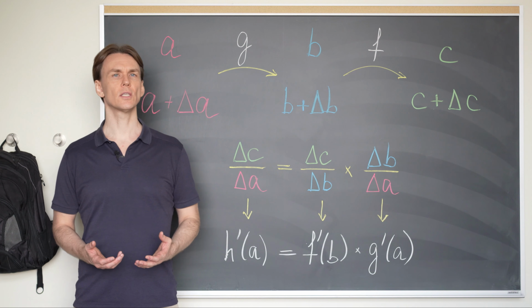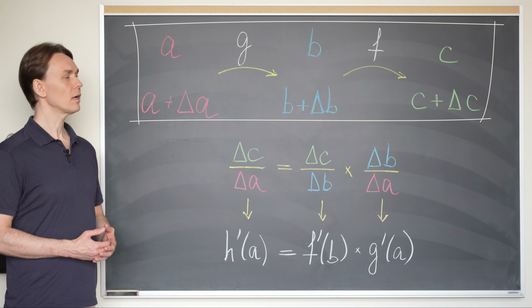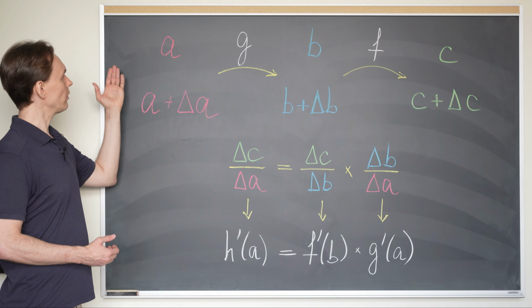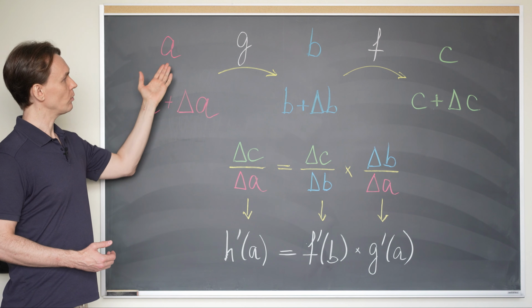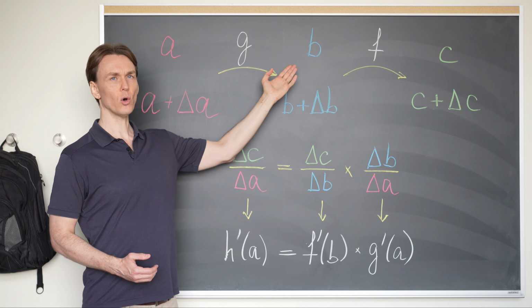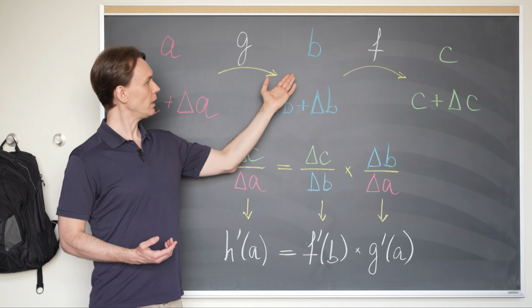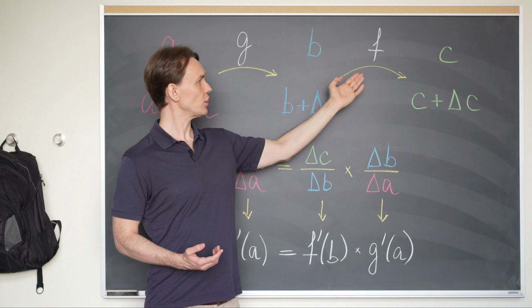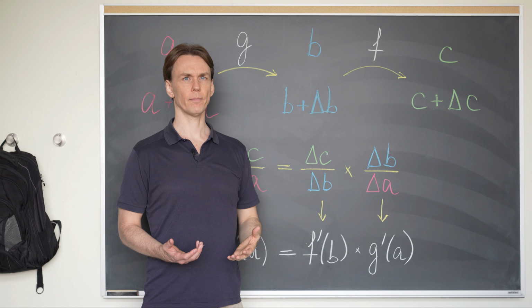Now, to see where this chain rule is coming from, let's look at this diagram here, where we take some value of x equal to a, and then when we plug it inside the function g, let's call the output b. And then when we take this output b and plug it inside the function f, let's call the output of the function f c.